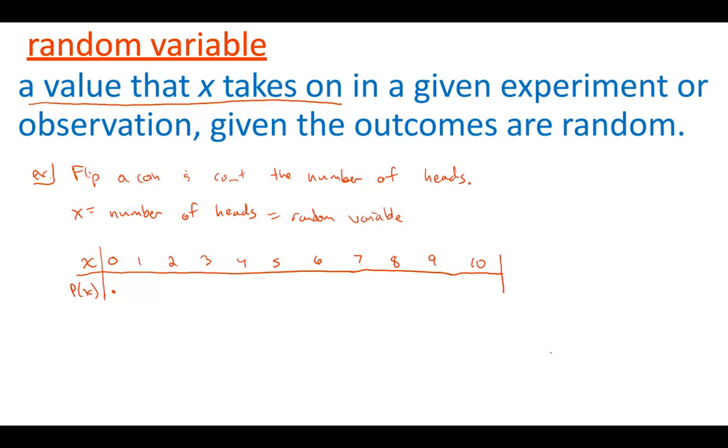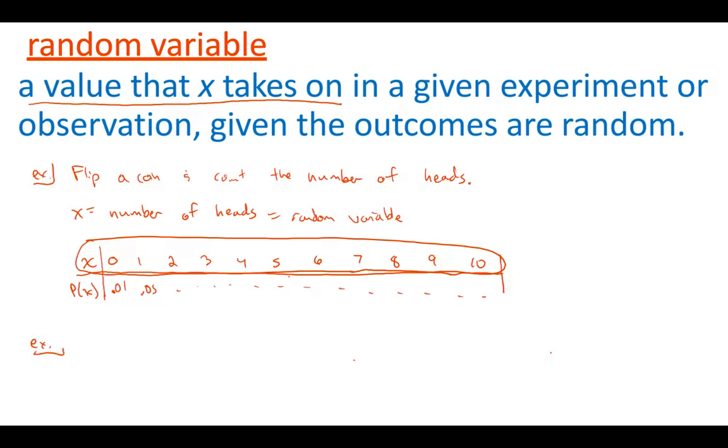Actually it would be 1/2 to the 10th power. So I don't know, maybe this is 0.01. And then getting 1 is, let's see, 0.05. So we've got all these different probabilities. And when we add these up, the sum of these should be 1, which we'll talk about in a little bit. But basically, note that a random variable is all the possibilities. So this is the random variable, the number of heads.